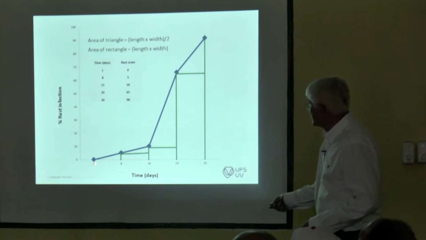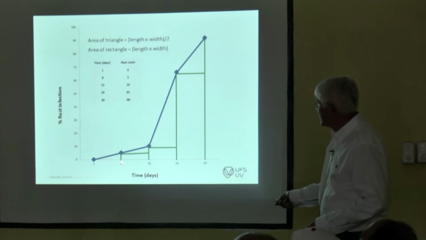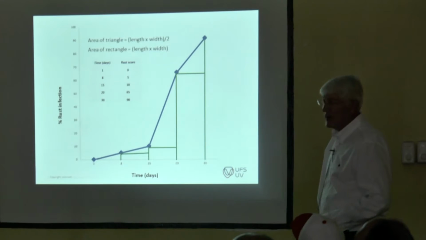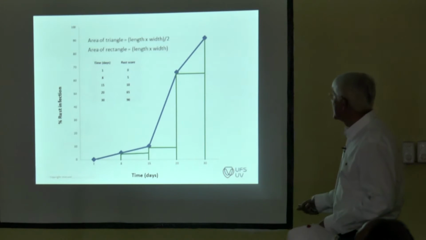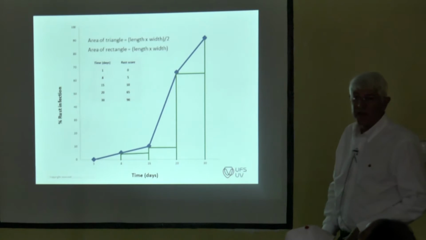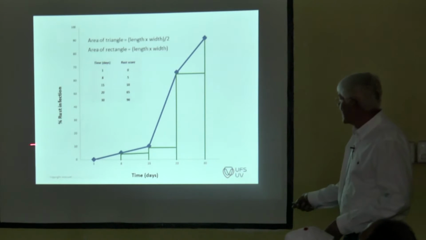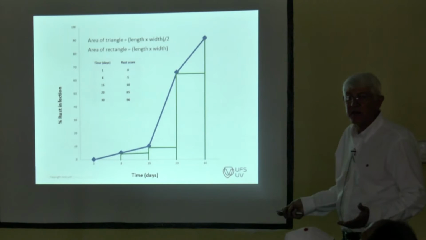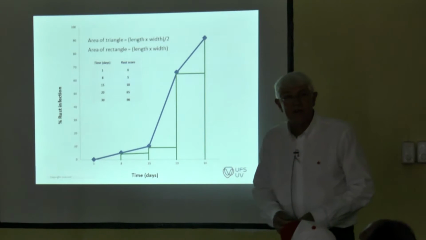And we know that value, that's 7. And we know that value, that's 5. So 7 times 5, 35, divided by 2 would give me 17.5 for the first triangle. So we can now calculate all the triangles, all the rectangles, and then add those together, and we'll come up with the area under the curve.